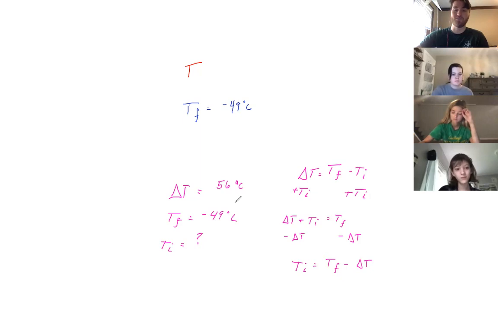Negative 49, I would subtract out 56, and I would have a very, very large negative number. This equation is hypothesizing that the temperature rose as opposed to fell. That's our problem right now.